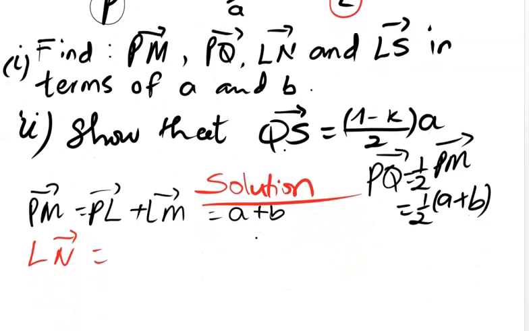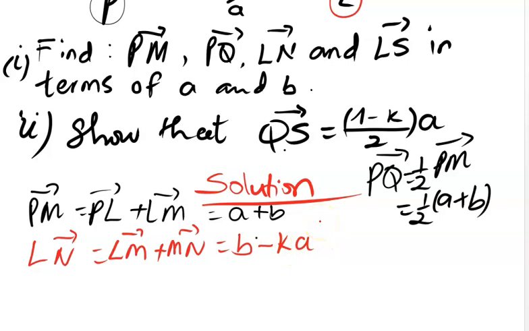So our answer is LM plus MN, which is B minus Ka, as indicated above.